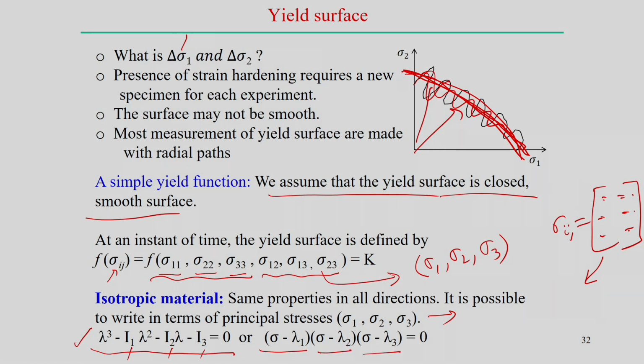So, here lambda 1, lambda 2, lambda 3 are the roots of this cubic equation. This is the way to represent the stress components in terms of the principal stress components, such that the roots of the cubic equation represent the principal stresses of a particular situation.